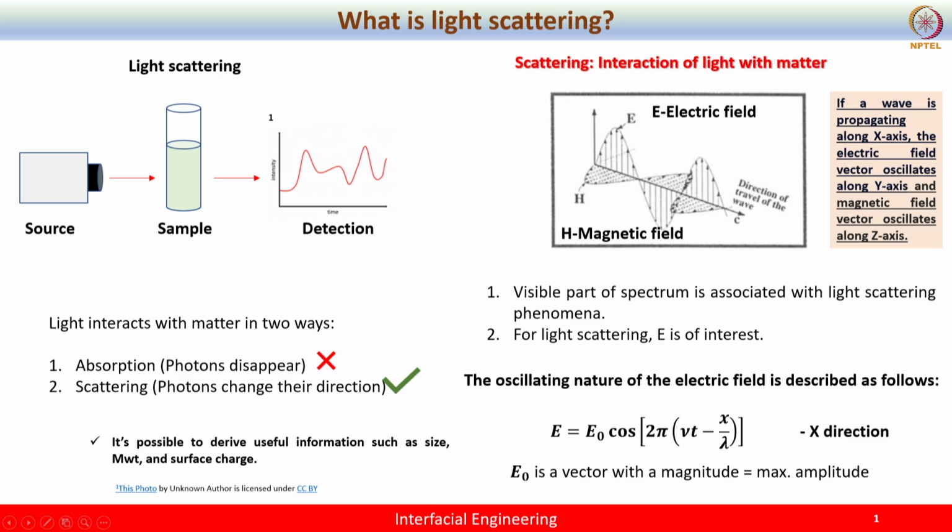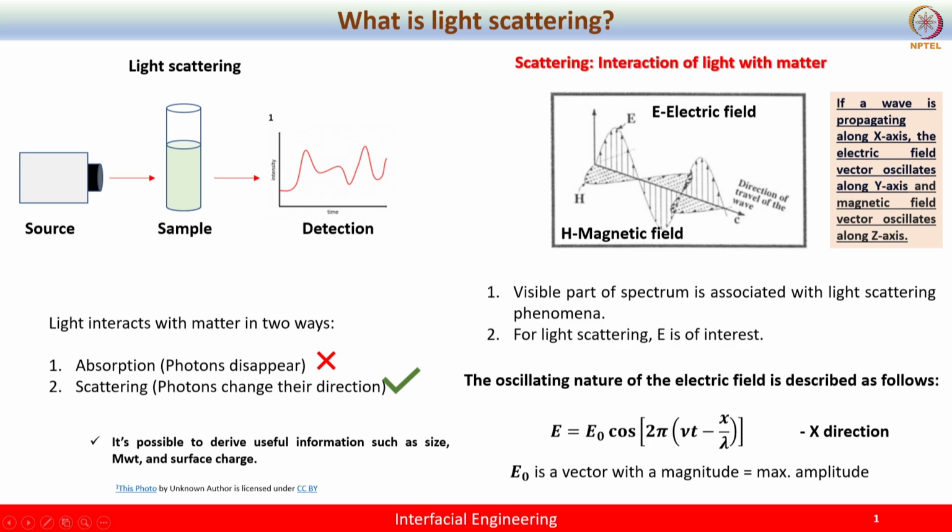Now, in general, when a light wave is propagating in the x direction, you collect the electric field on the y-axis and the magnetic field on the z-axis. When the wave is propagating along the x-axis, the electric field vector oscillates along the y-axis, and the magnetic field vector oscillates along the z-axis.